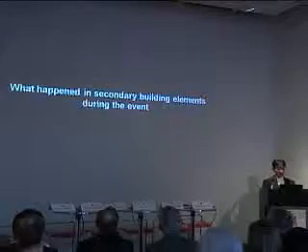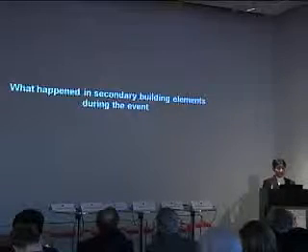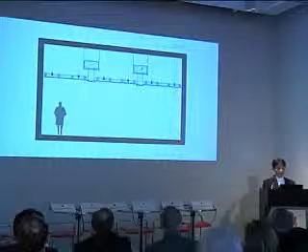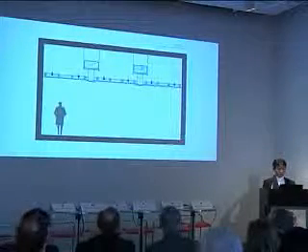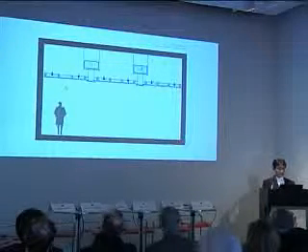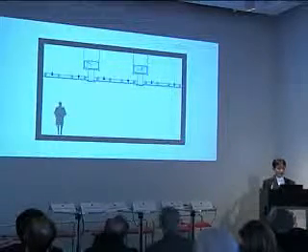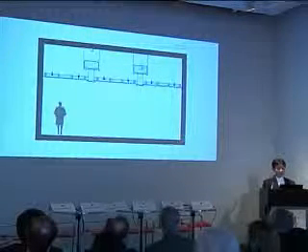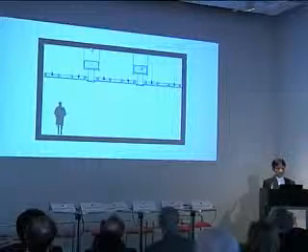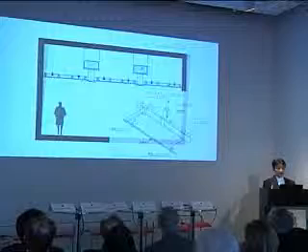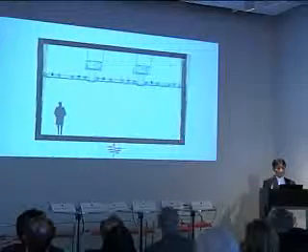So what happened to the secondary building elements during the event? This is a typical sectional diagram of a room. And here you have a ceiling, and the air conditioning duct hangs from the slab. If the braces are not enough, they tend to be shaken at their own particular frequency.